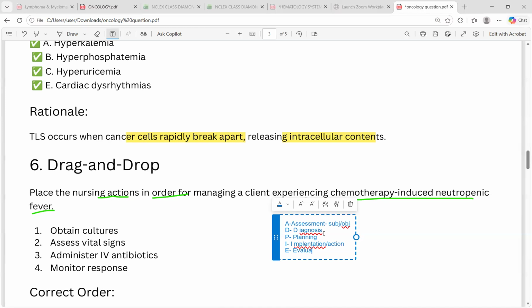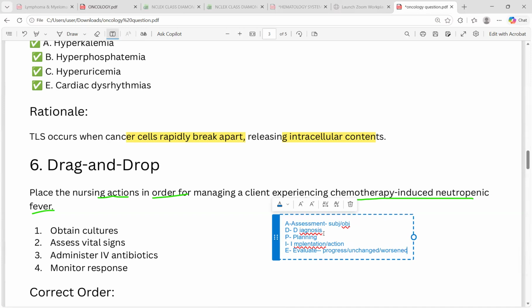That means whether the client got any progress in the condition, or is unchanged, or is maintaining the same situation, or the client's condition has worsened. That is the evaluation.